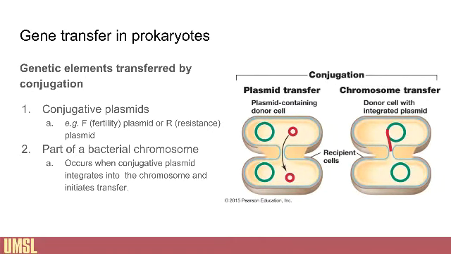Okay, so the last and arguably the most prolific process that happens in bacterial populations is known as conjugation. So this is essentially as close as prokaryotes are going to get to sexual reproduction. And what this is really a big driver of is transmission of plasmids.